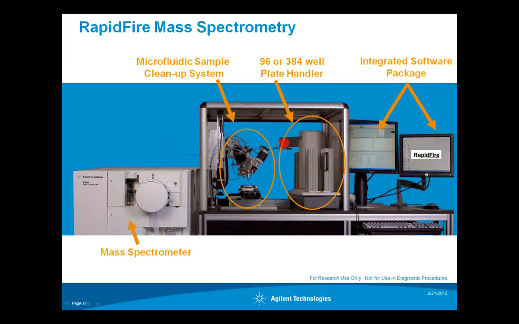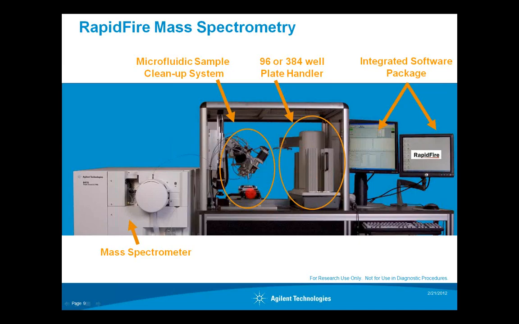It's composed of a microfluidic cleanup system, which has proprietary valves made of a diamond-like coating. This enables the valves to maintain stability over millions of switching cycles. You can imagine at 6 to 10 seconds per sample, running plates all the time, these valves are constantly switching, and they're much more robust than traditional valves.